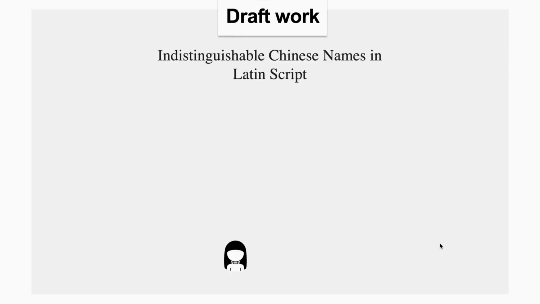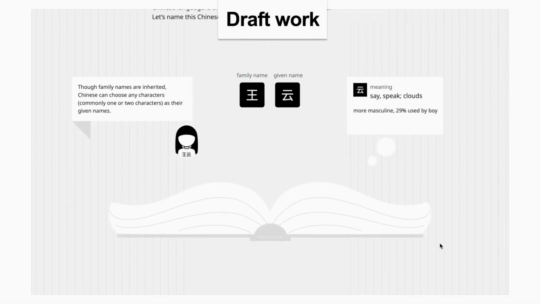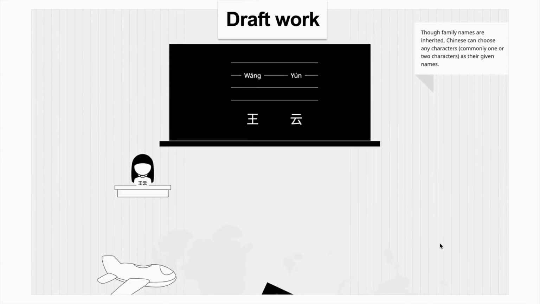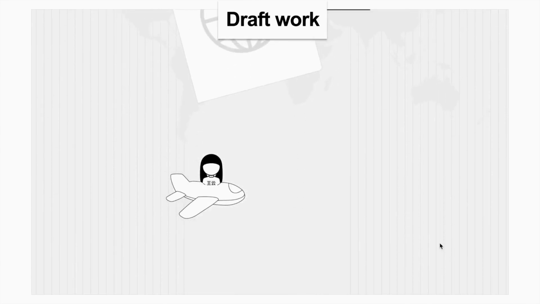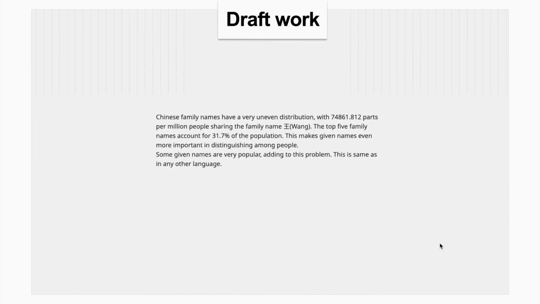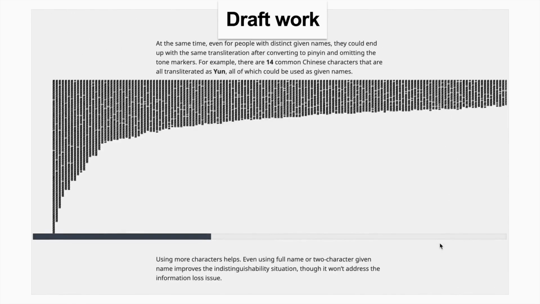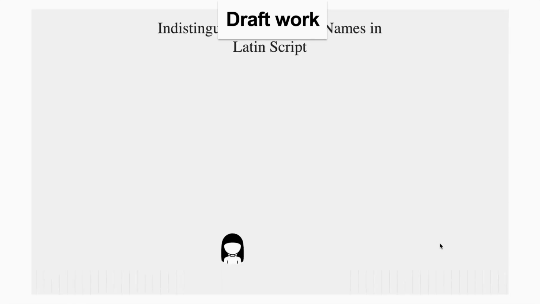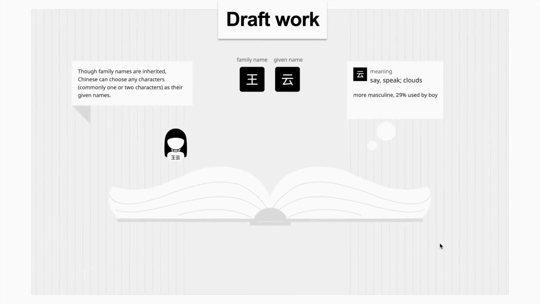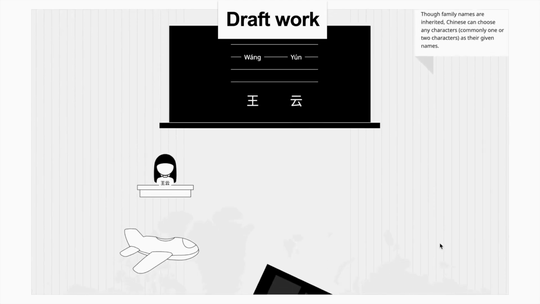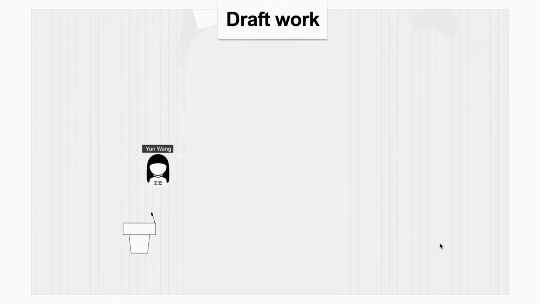At first, I wanted to create an illustrated data story to share this experience. For example, a Chinese scholar is attending a conference overseas and tries to introduce herself by name. It felt like an elephant in the room, but I wasn't sure if it was an elephant that only I could see.